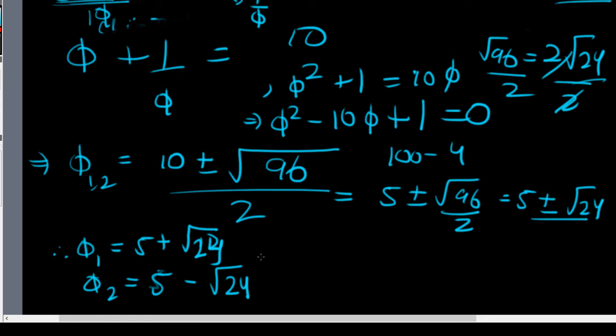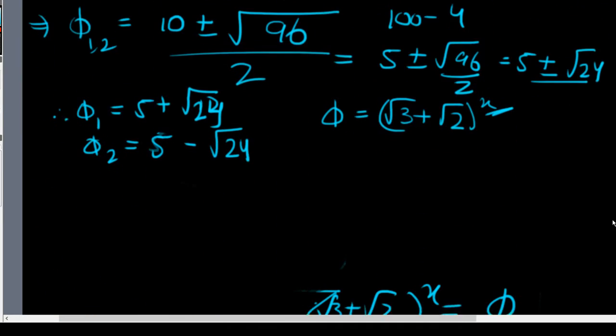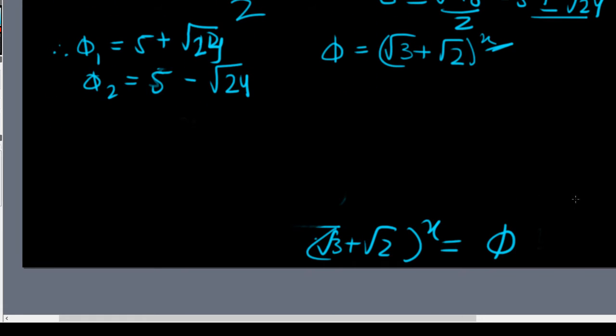Now remember that phi was actually (√3 + √2)^x, and we needed to find values of x in this equation because it's an equation in x.